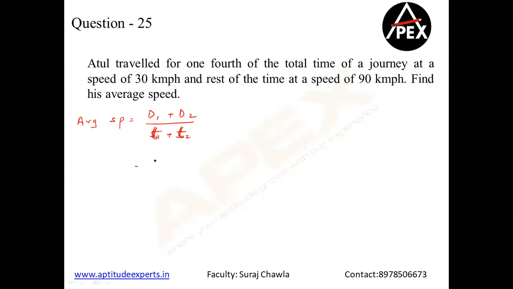Now can I write my distance 1 as speed 1 into time 1 and my distance 2 as speed 2 into time 2, divided by t1 plus t2? Now can you link this up with alligations, guys? Can I say this is the formula of weighted averages?